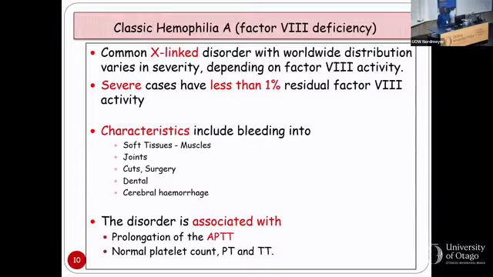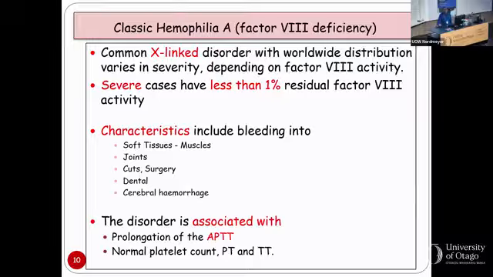Of the hemophilias, obviously, hemophilia A is the commonest one. Obviously, that's why it got the letter A, the first one we found. The severe cases are when we have factor levels that are functioning at less than 1%.